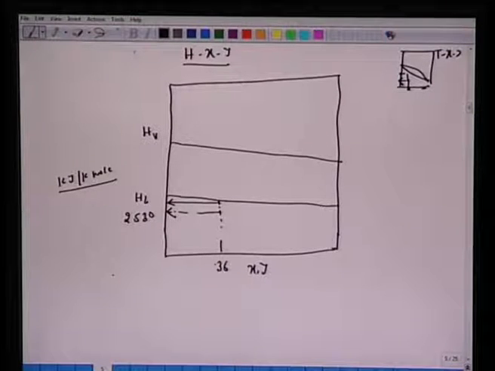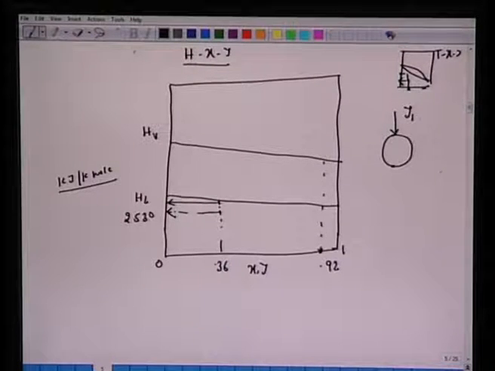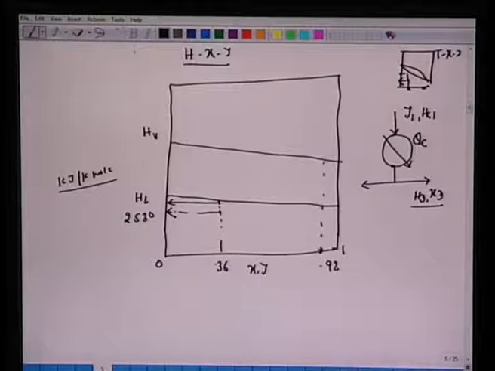All right. Now for the top product we have calculated XD as 0.92. This is 0. This is 1. Now the problem says that we have a total condenser and the reflux is saturated liquid. That means if you recall the composition of the vapor which leaves the top plate, and the enthalpy is HG1, we have total condensation. So this is QC and this top product is saturated. That means HD corresponding to this XD can be located at this HXY diagram because this is saturated reflux.